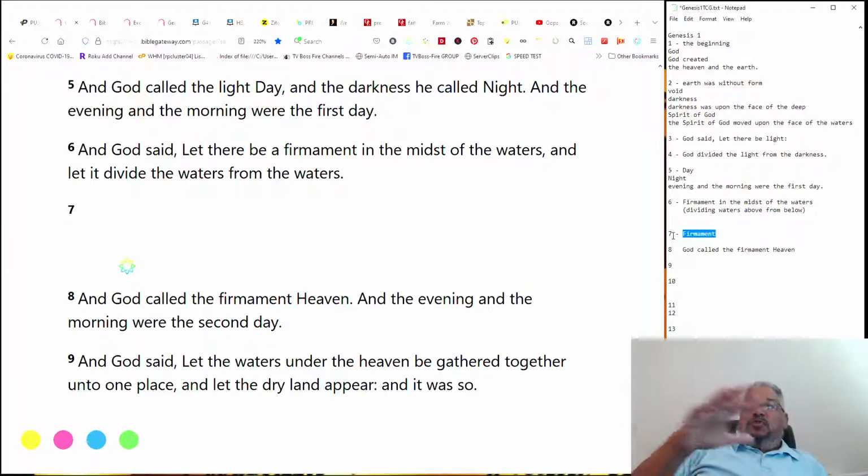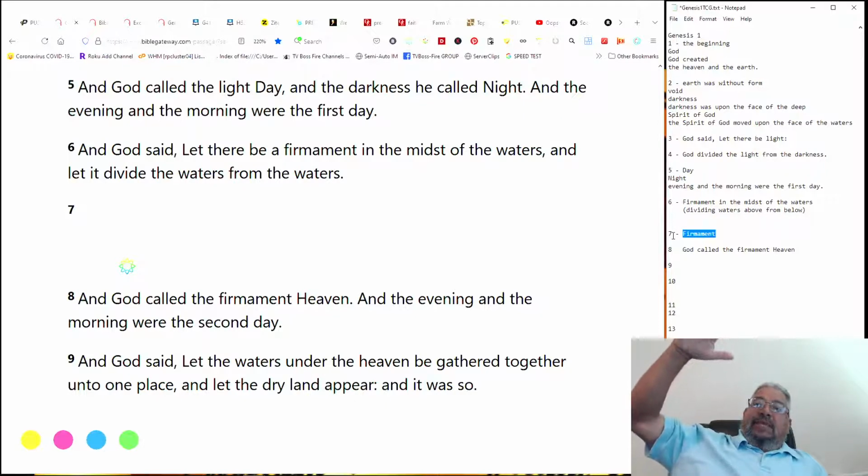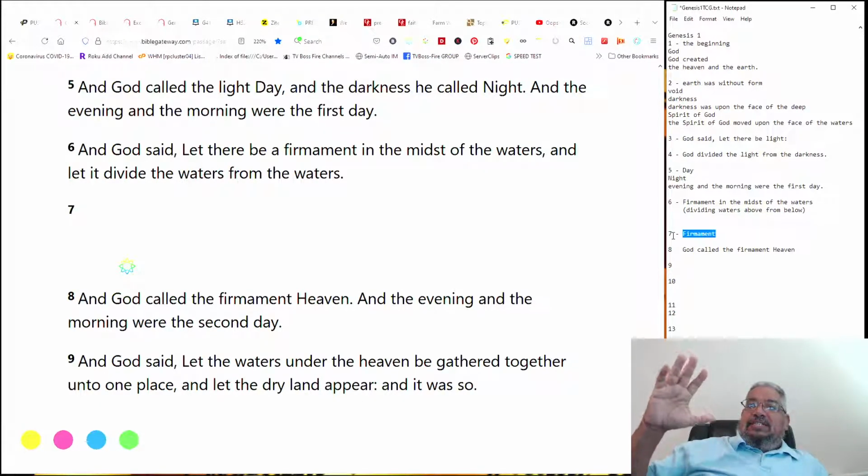So it was almost like an Oreo cookie, water above, water below. Okay? So that's the way it was until the flood. When the flood happened, all that heavy water came down. It condensed. The scientists suspect that the earth at that time was like Venus, where all you see is a cloudy atmosphere.